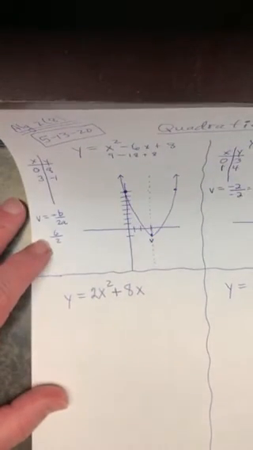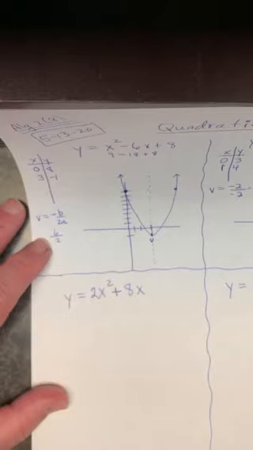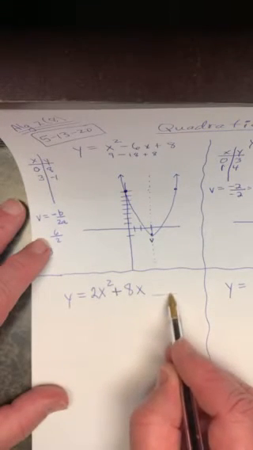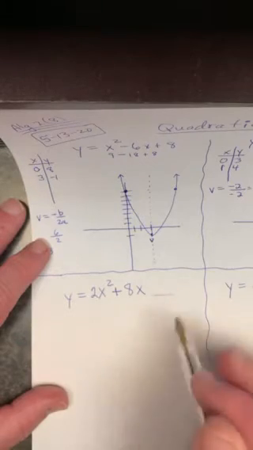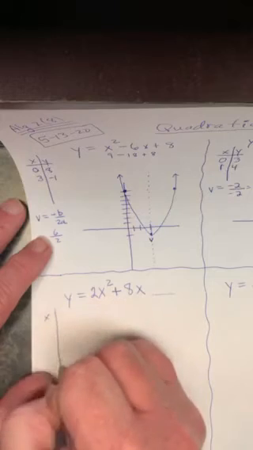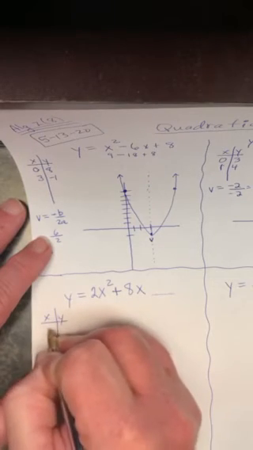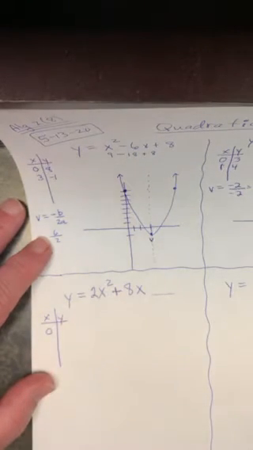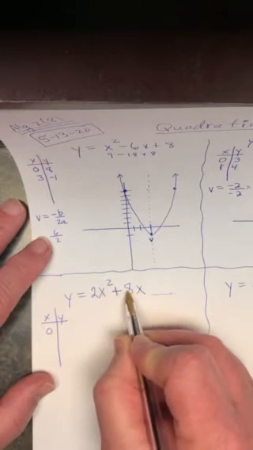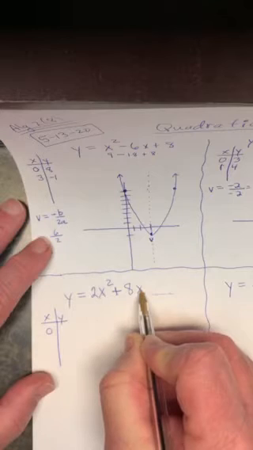Now, even though it says 2x squared plus 8x, notice it doesn't have a third number, does it? That's okay. I still realize it's a quadratic function, so I'm still going to make a table and plug 0 in for x. 0 squared is what? 0 plus 8 times 0 is still 0.